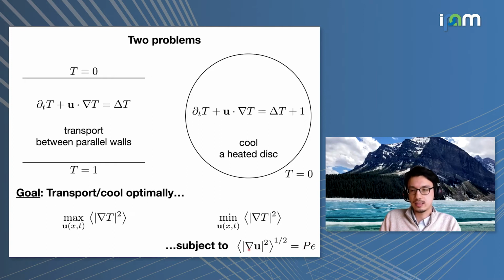And so I decide to measure the intensity of the fluid flow by taking, again, the mean square gradient of the velocity field. So this is the mean square rate of strain. And then I set that equal to the Peclet number. And so now I'm trying to optimize the rate of transport or the rate of cooling subject to a constraint on the intensity of the fluid flow. And I want to know, how does the answer depend on that constraint, on Peclet?